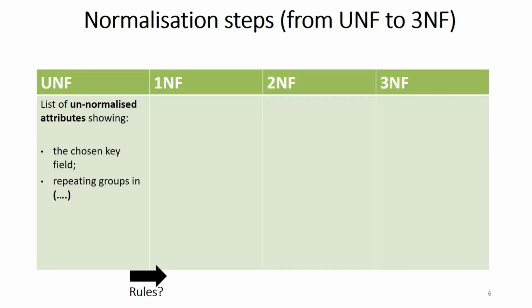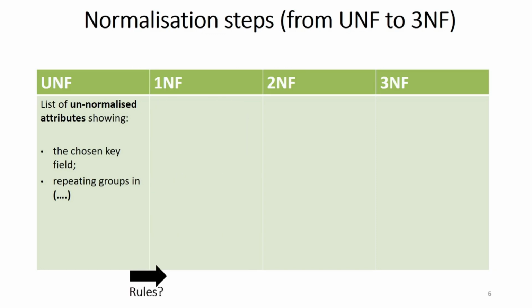So when you get the schema notation or a form, list all the attributes that you have, and specifically repeating groups would be in brackets, okay? You have to identify a primary key or a chosen key for all the attributes that you have. It means you initially consider all the attributes as one entity.